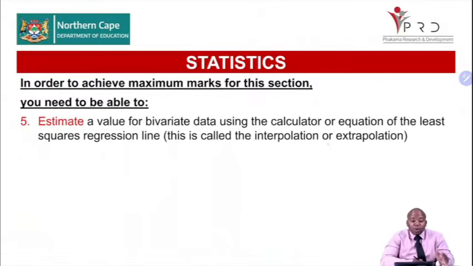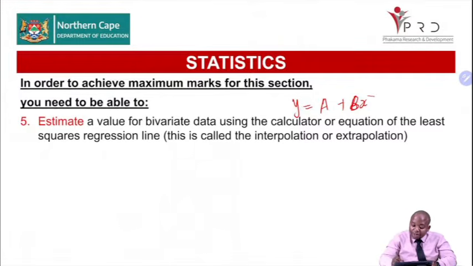So in this case, we are going to utilize the equation of the least squares regression line to find or estimate a value from that bivariate data. Remember, our regression line will be given as y = a + bx.